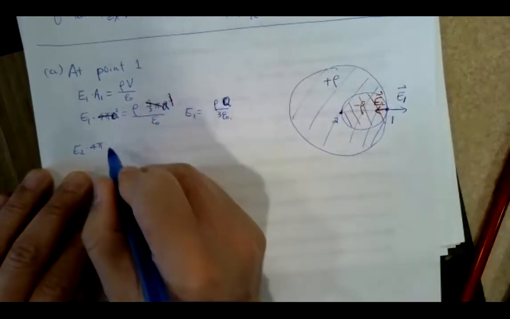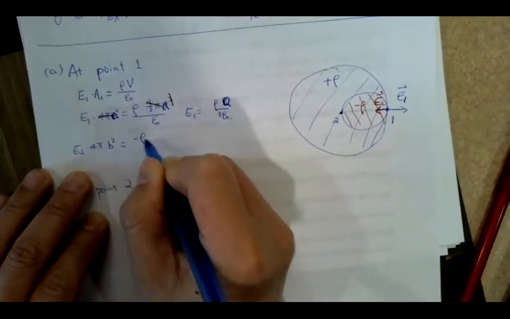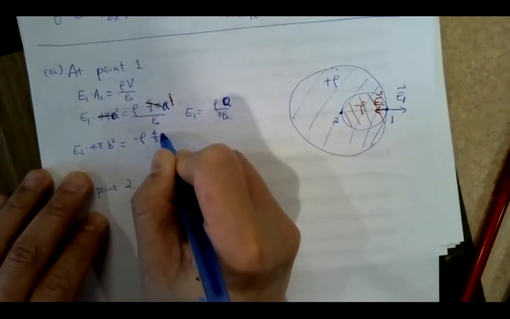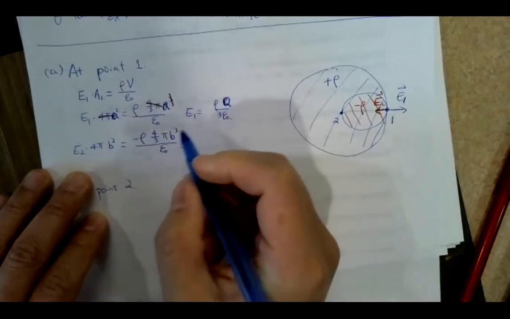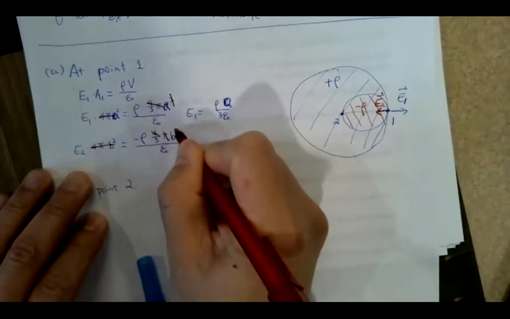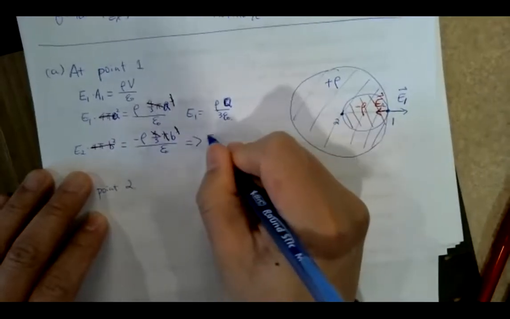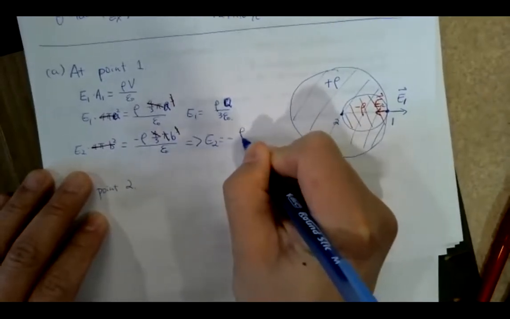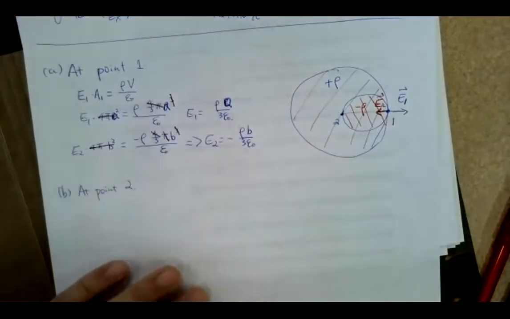In the second case, that's B. So 4 pi B squared equals minus rho this time, 4 over 3 pi B cubed over epsilon naught, okay? So again, that 4 pi B squared will cancel out that 4 pi and then the cube of B. So it tells you your E2 will be minus rho B over 3 epsilon naught, okay?